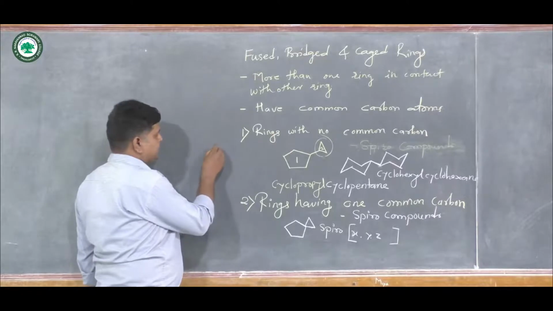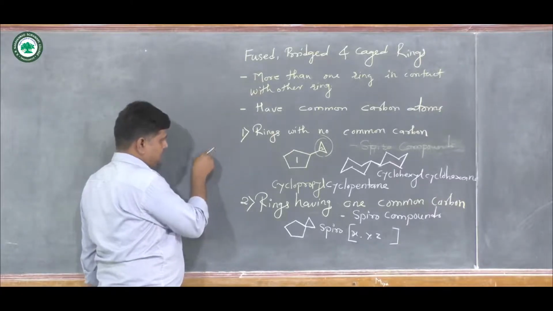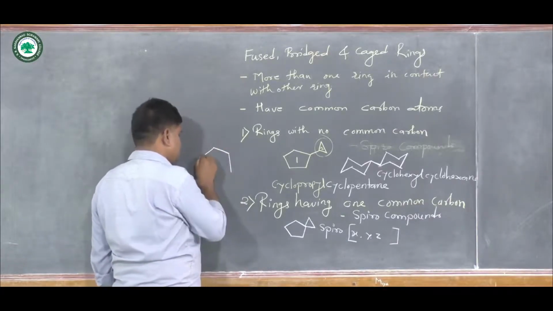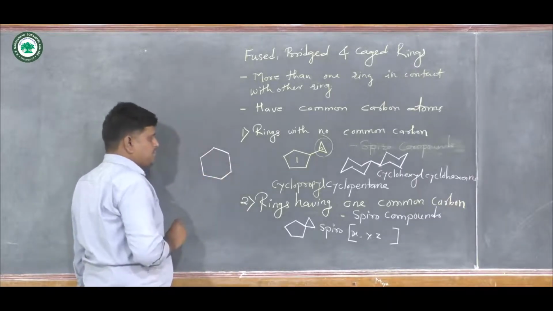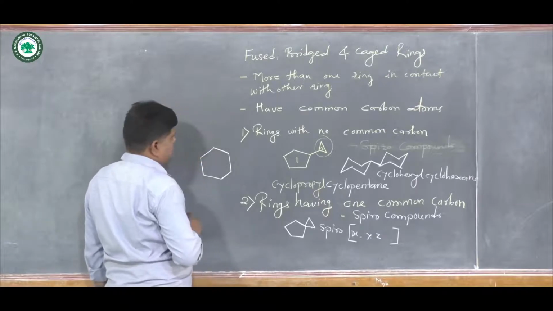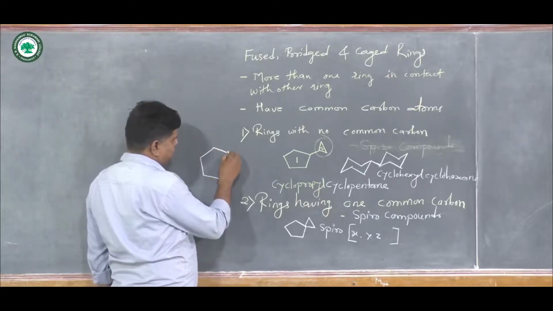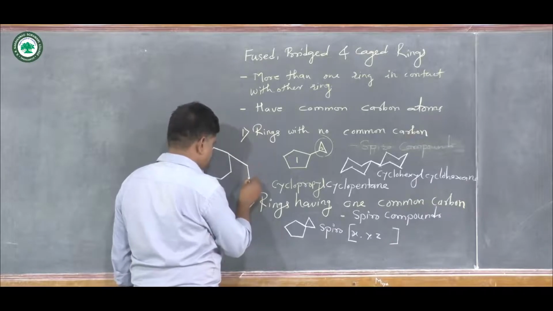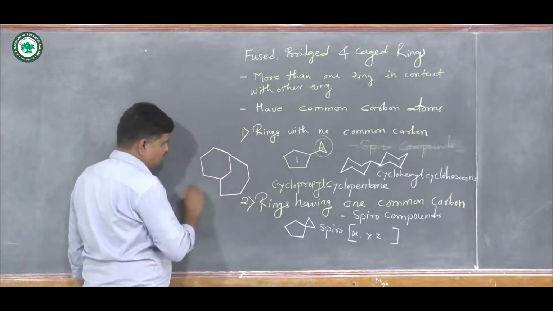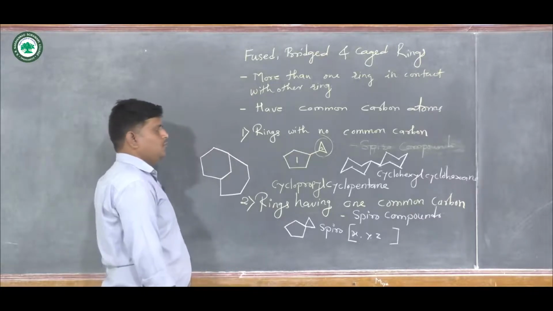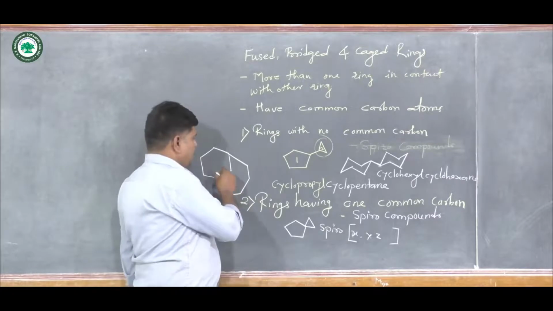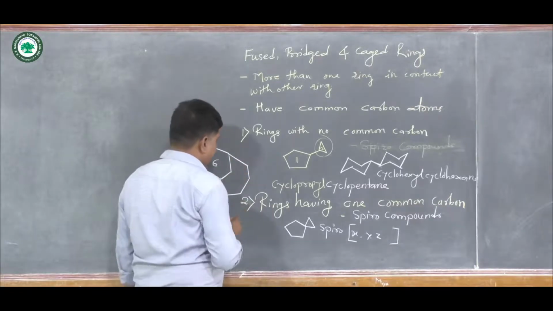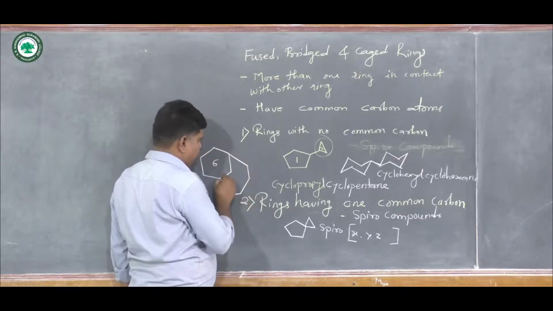Suppose your compound has a 6-membered ring system, and another ring system of 1, 2, 3, 4, 5, 6 and 7.